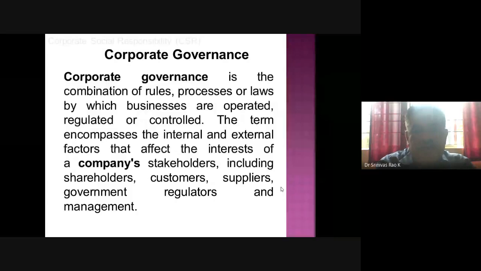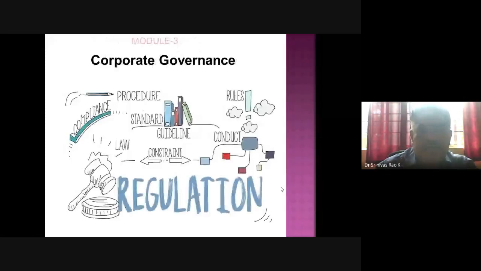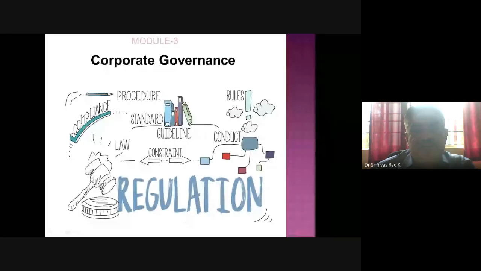It can include any kind of processes or protocols which are regulated or controlled by the company. It also encompasses external and internal factors, like your stakeholders, customers, suppliers, your own workers, or any external government agencies. Everyone is influencing corporate governance. So basically, it's a regulation formulated by a company for conducting procedure, rules, compliance, standards, guidelines, and conduct constraints. I'm showing this slide so that you can remember it during the exam.